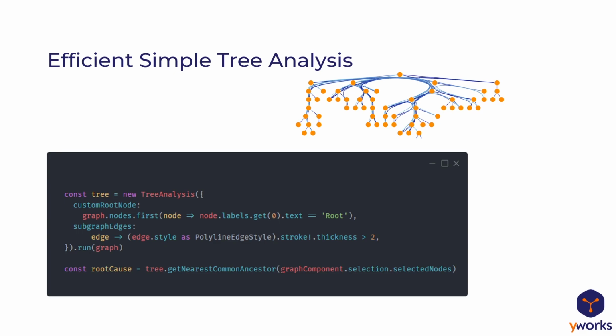For example, in this case, if your graph contains more than just a tree, but you know you only want to find the nearest common ancestor of the subgraph induced by the thick edges, in this case, edges thicker than 2 pixels or 2 units, and you wanted to use a specific root node, then you can now easily do that. So nothing new, but a lot easier and convenient to use for your visualizations.